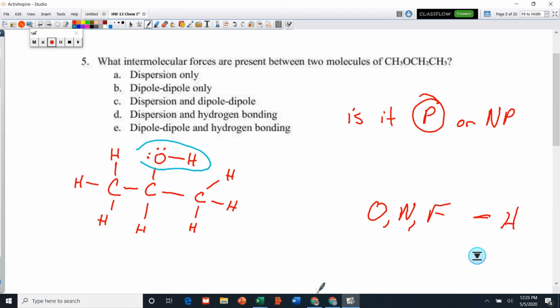So now, if it was attached to another molecule of this, there is potential for the O of one molecule to be attracted to this H of the other one there. So there is potential for hydrogen bonding there. And so, again, that comes into the question of what options do you have? The strongest one is always going to be what's going on there.